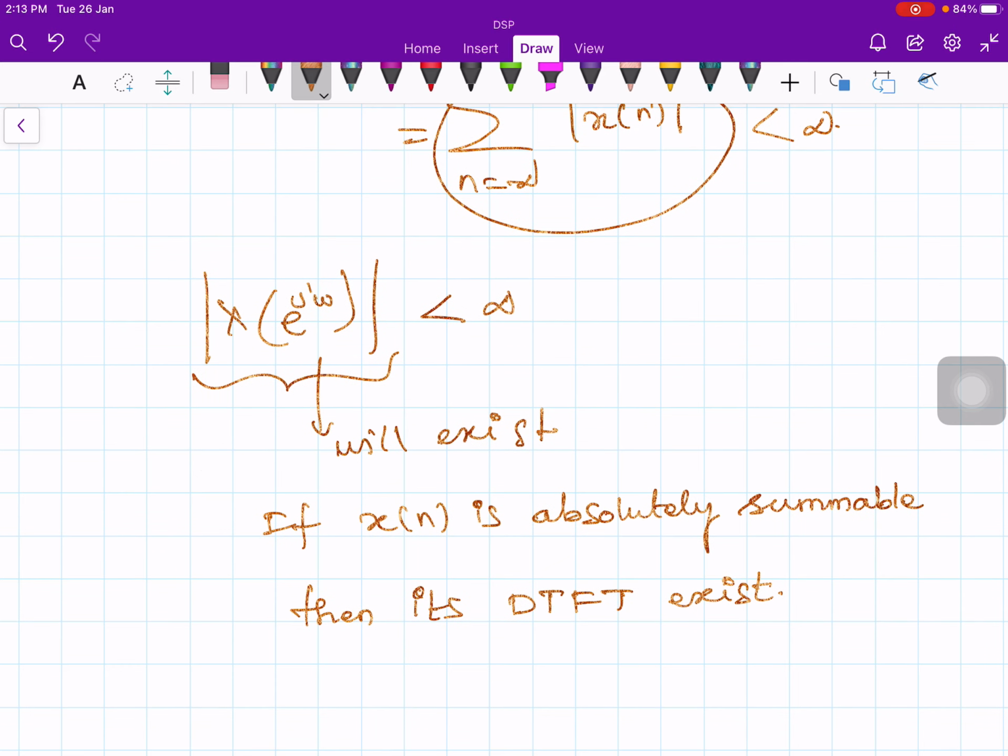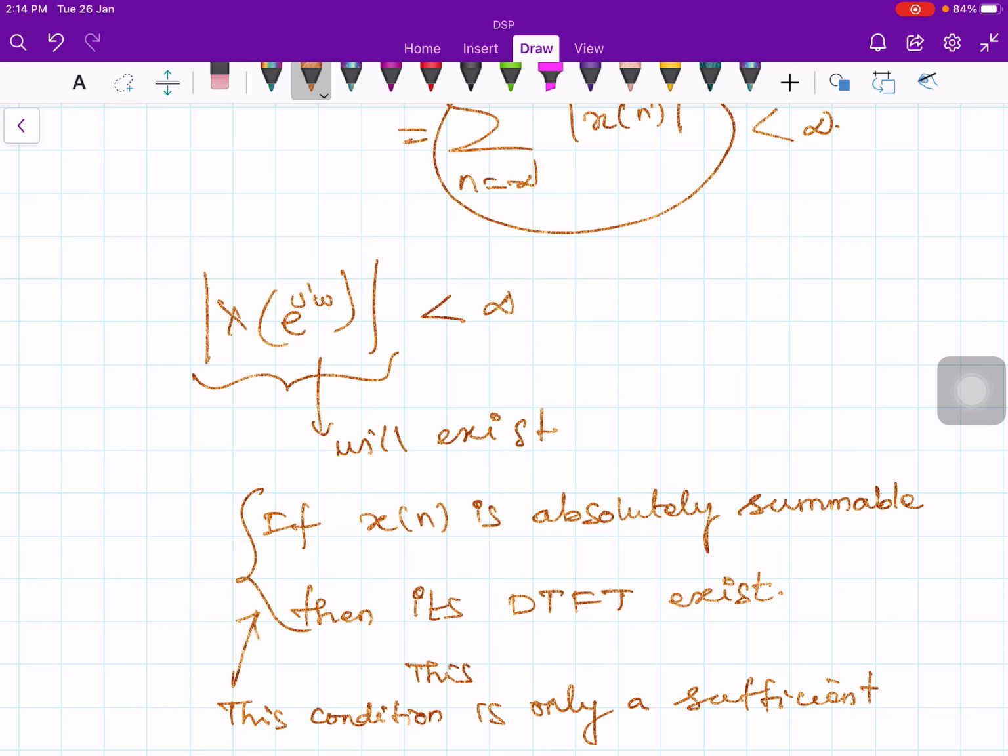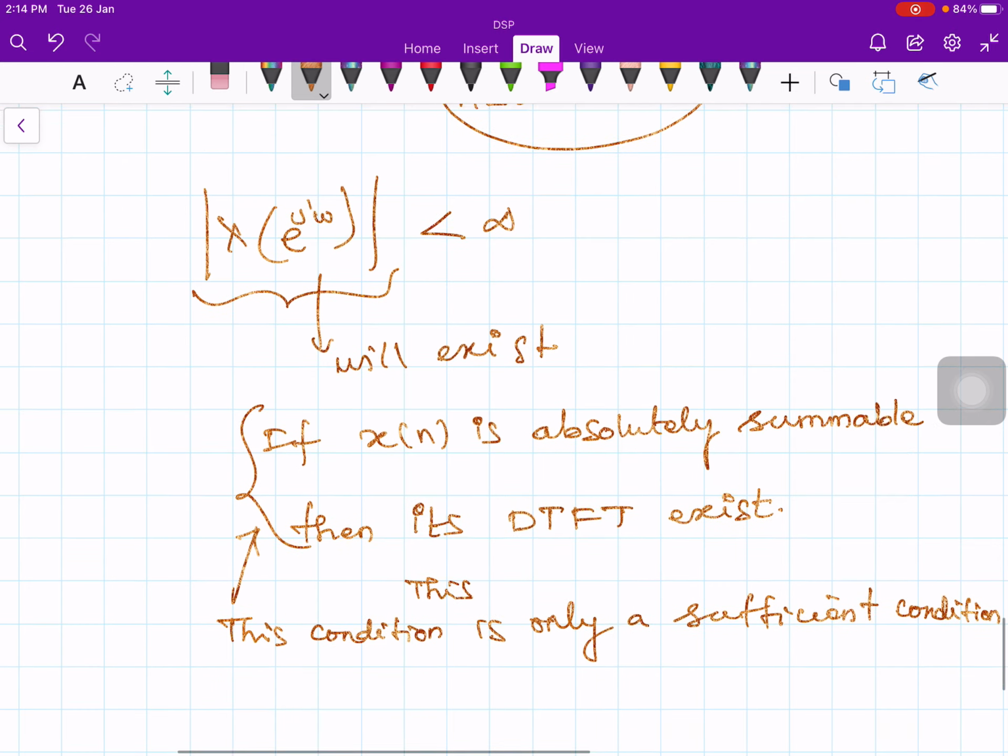But this condition is only sufficient. This condition is only a sufficient condition, but it is not a necessary condition.